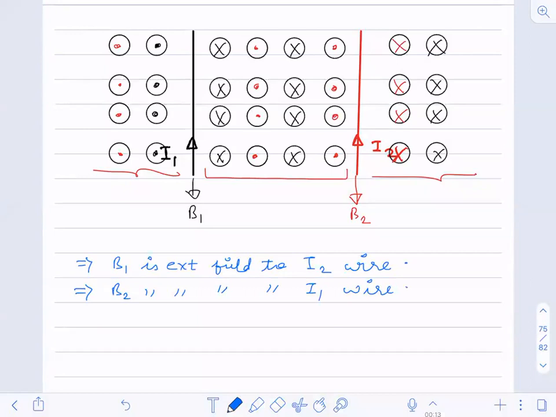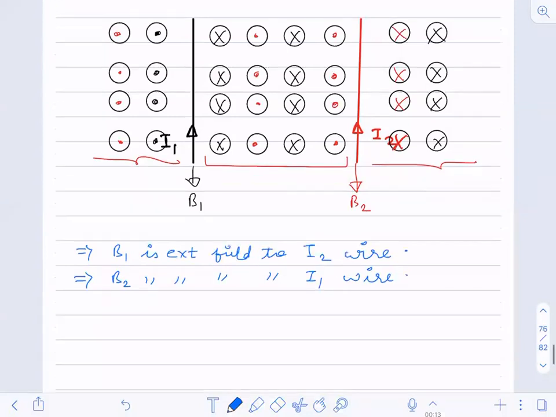Because B1 field is created by the first wire, so it will be outside wire 2, and B1 magnetic field will be the external magnetic field for wire 2. Similarly, B2 field will be external magnetic field to wire 1.